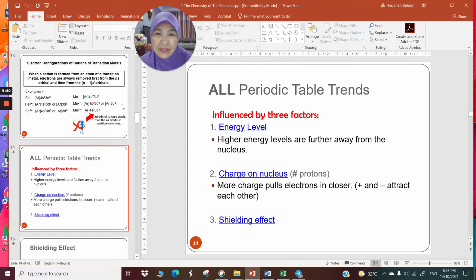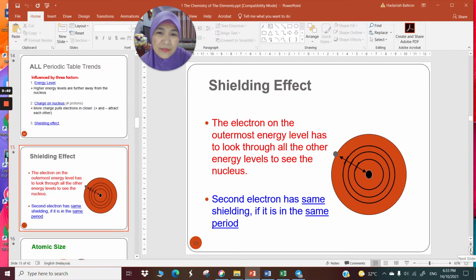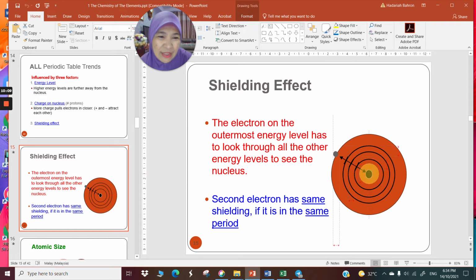And the third factor is the shielding effect. I'm going to tell you about the shielding effect in a while. Now, the shielding effect is what happens when the electron on the outermost energy level is being shielded, or protected, from the pull of the nucleus. Here is the nucleus, right in the middle.